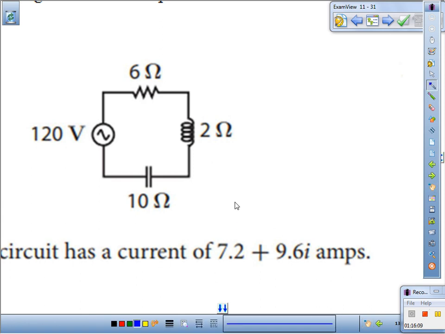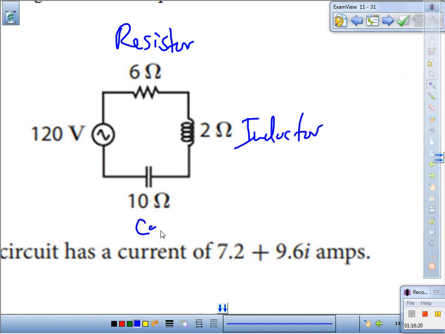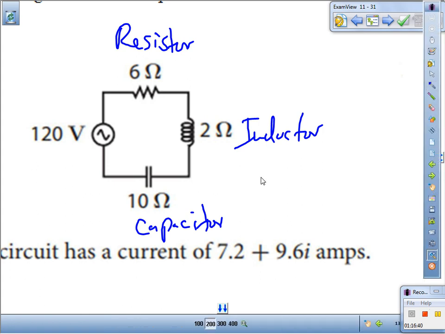Very good. You should be done by now, right? Resistor. Inductor. Capacitor. Come on, guys. You should be like your BFFs by now. All right, and they want us to find the current going through each of those parts. So here we go. I'm going to zoom out.